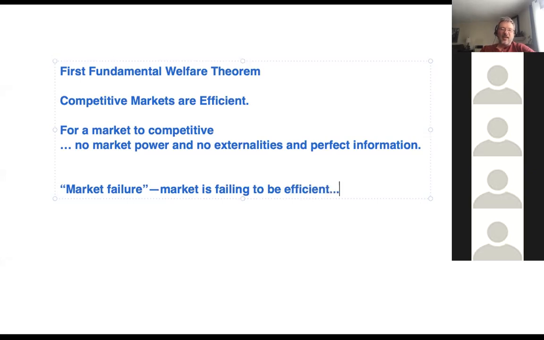So if you don't add that on, then it's just not clear. And probably the frustrating thing for somebody starting out is that economists will say, oh, this is a market failure, that's a market failure all the time.